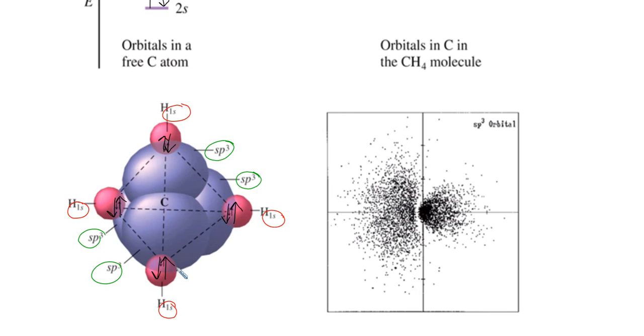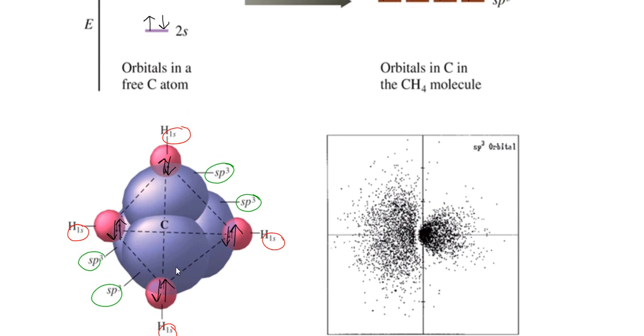Now we don't have to hybridize any orbitals on hydrogen, because hydrogen only has 1 valence electron, and it's only involving 1 orbital, just the 1s orbital. So we'll overlap the 1s orbitals from hydrogen with those special sp3 bonding orbitals of carbon. That's how we get these angles. We get these 109.5 degree bond angles because that's the angle of the hybrid orbitals.